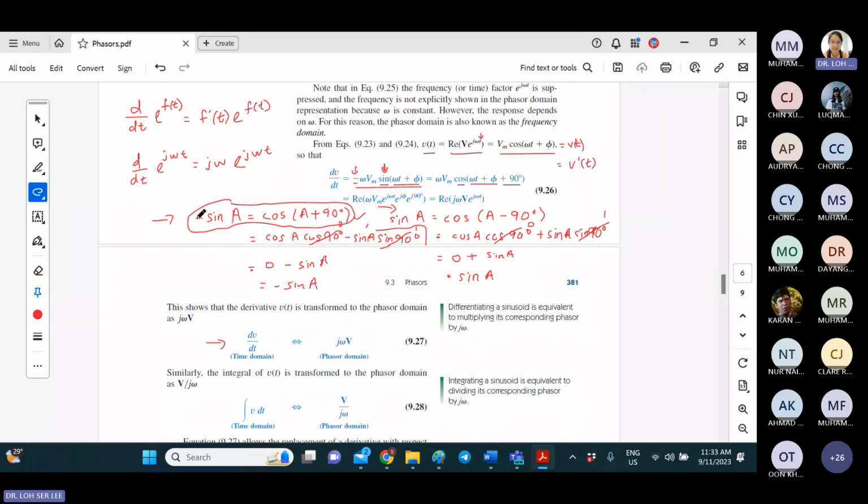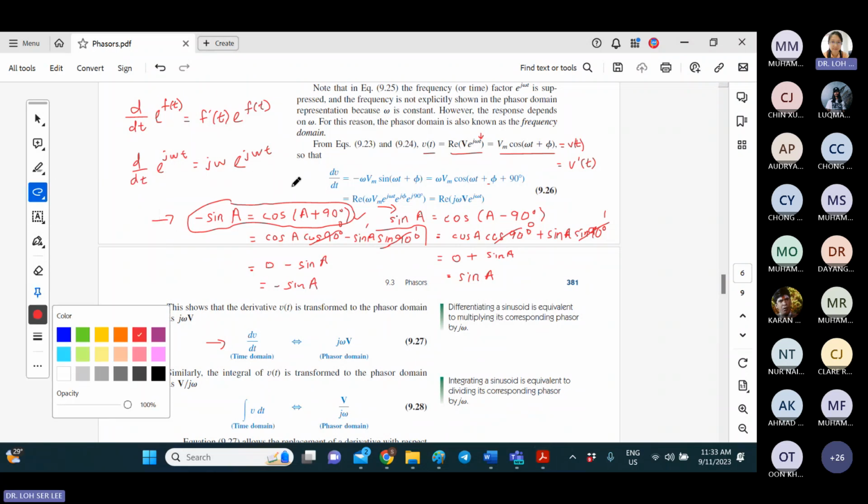Okay, the one with minus, we use plus A plus 90. Then we can change it into cos. So this is a sine function.